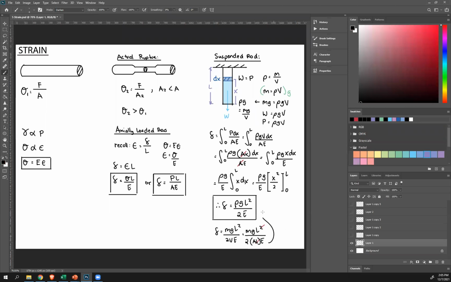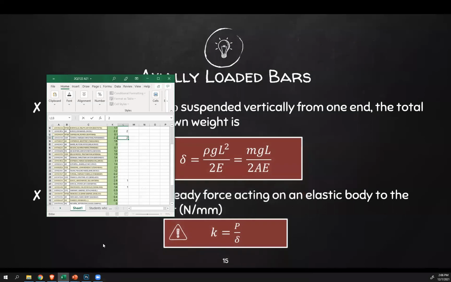Therefore, you'll get deformation equals mgL over 2AE. And that's the other equation for deformation due to its own weight of a suspended rod. Okay, so those are the equations.